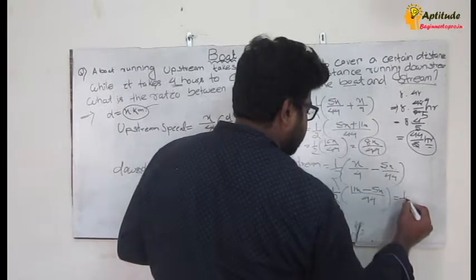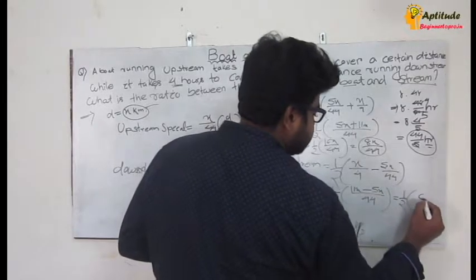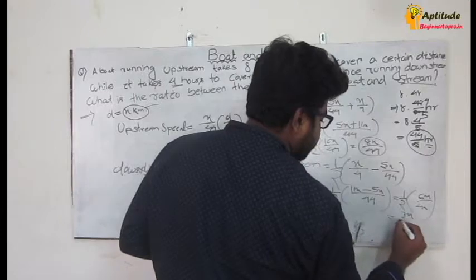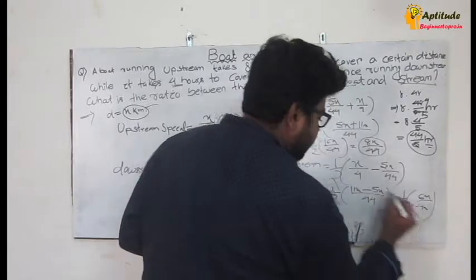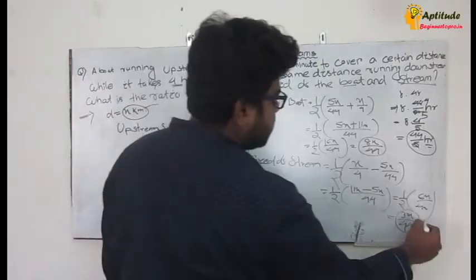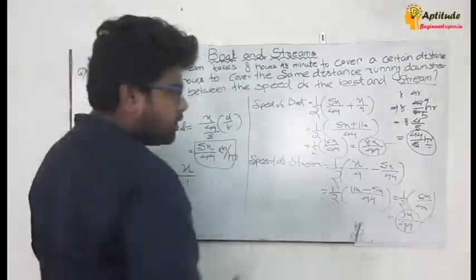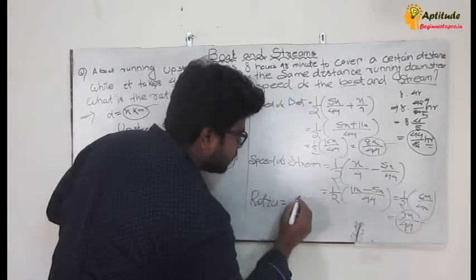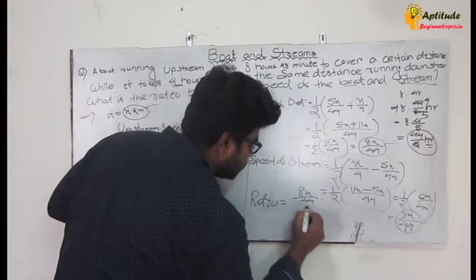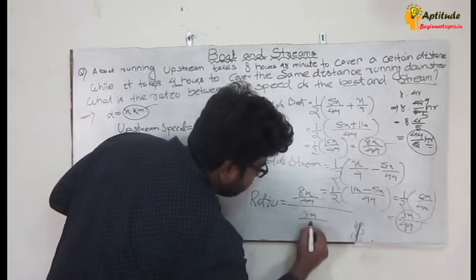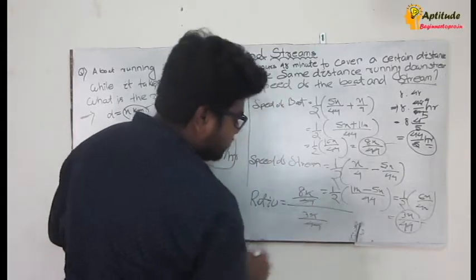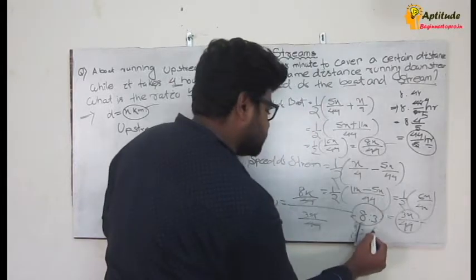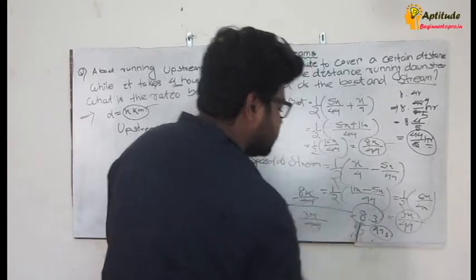So here we get half whole into 6x by 44, that is equal to 3x by 44. We have our speed of stream and speed of boat. We have to find the ratio of that. So the ratio will be 8x by 44 divided by 3x by 44, the 44 and x cancel out, we get our ratio 8 is to 3. So this is the required ratio or answer.